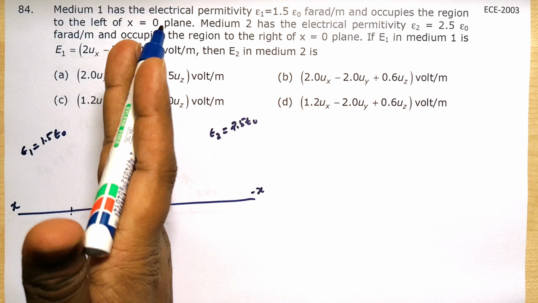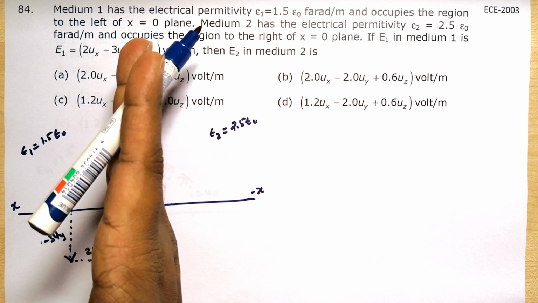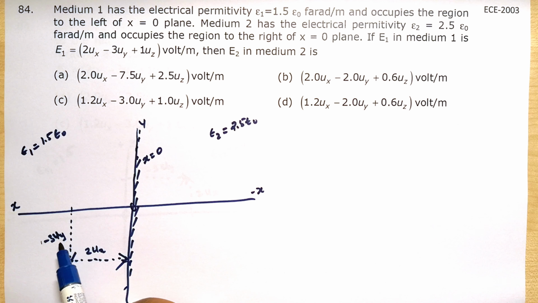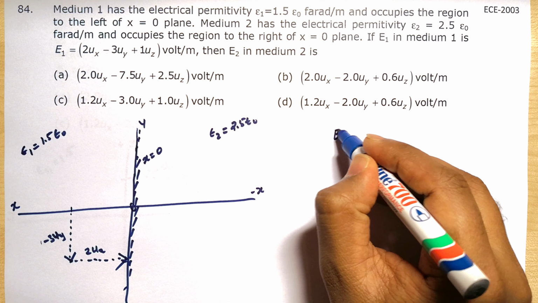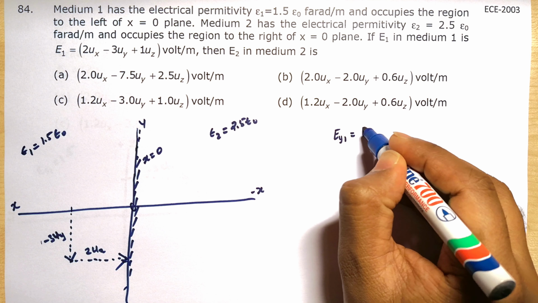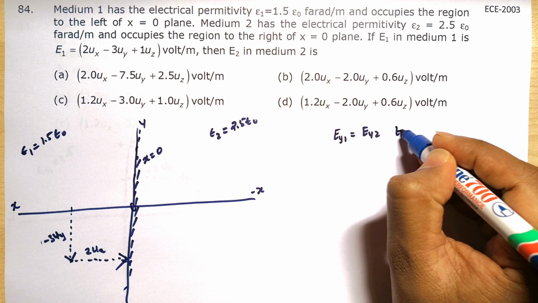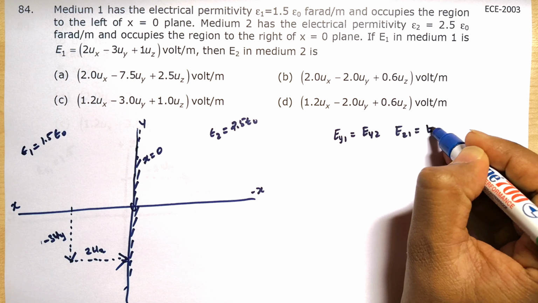So these two vectors, the uy and the uz vectors, are tangential. We know that the tangential components of the electric field don't change at the boundary of the medium. So in this case, the tangential component Ey1 equals Ey2, and the tangential component Ez1 equals Ez2.